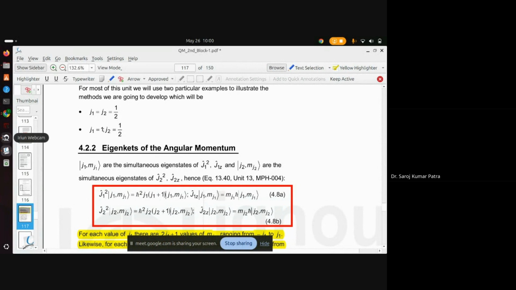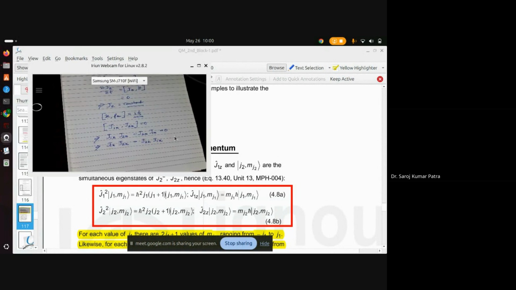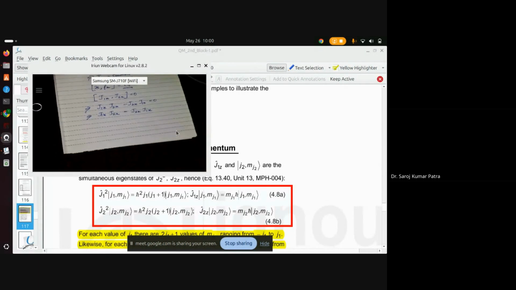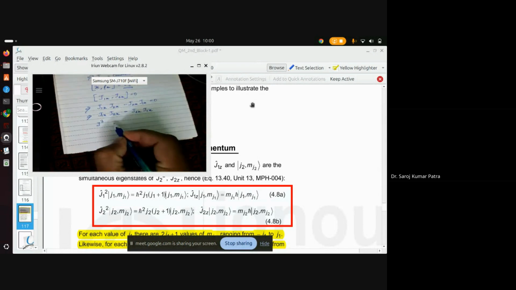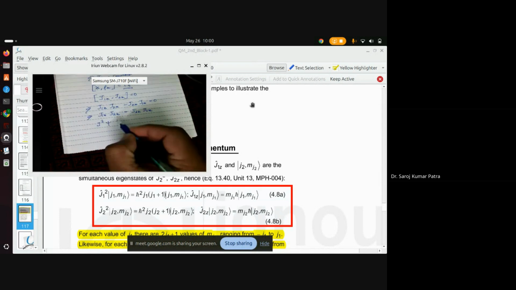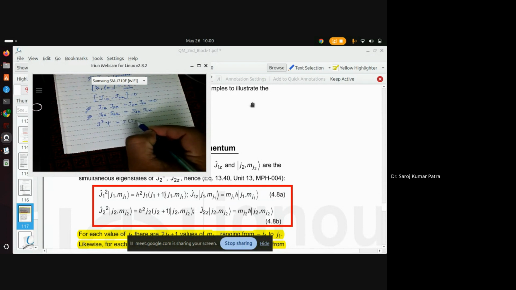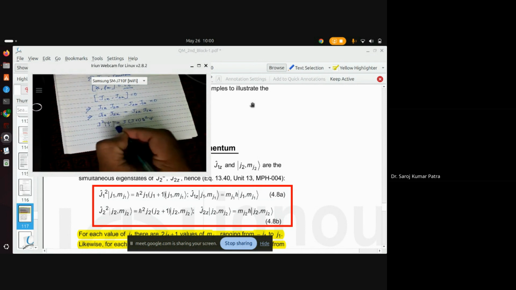So let me write down then just for you. J square operating on psi, I'm writing psi instead of the function, will be equal to J into J plus 1 h cross square psi. ठीक है.